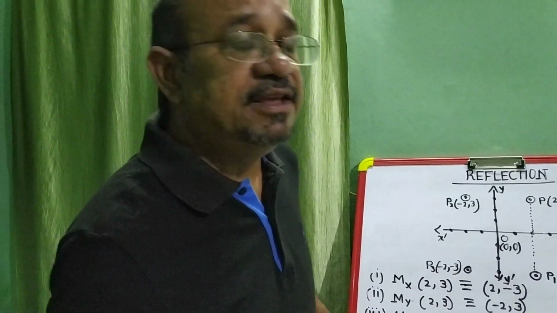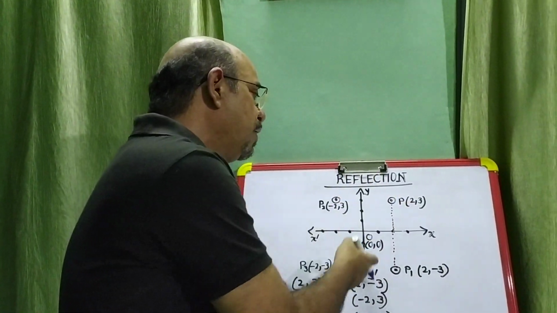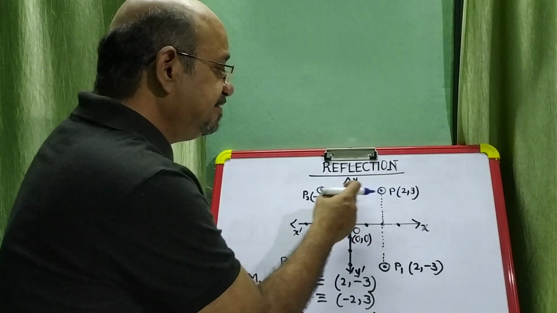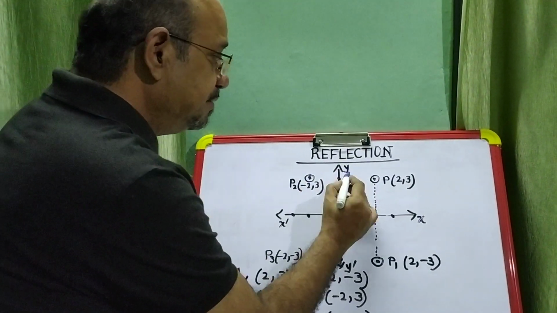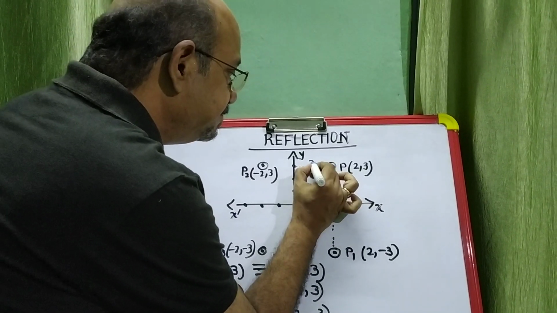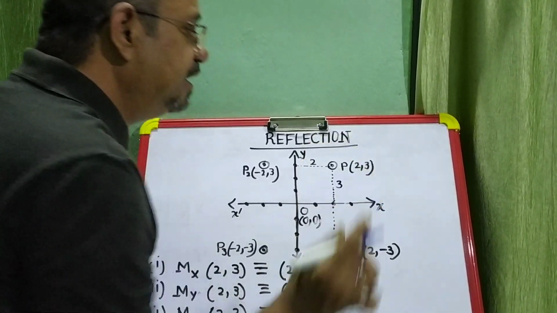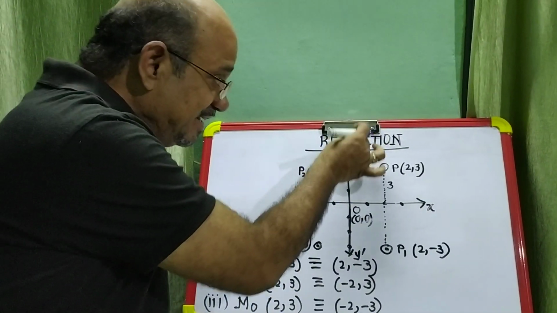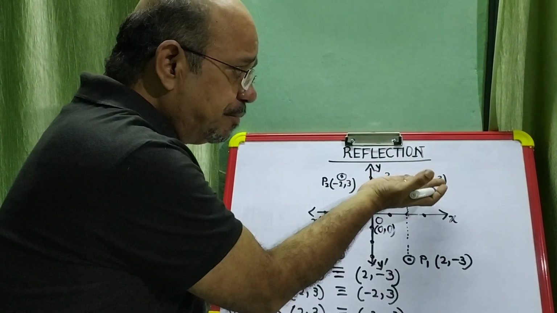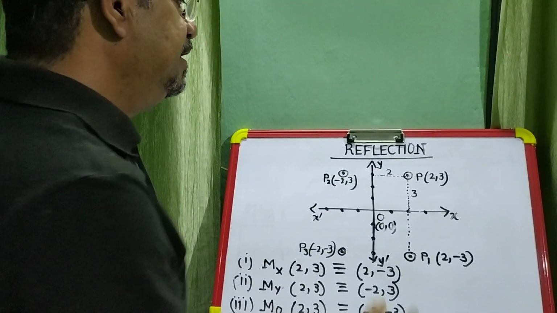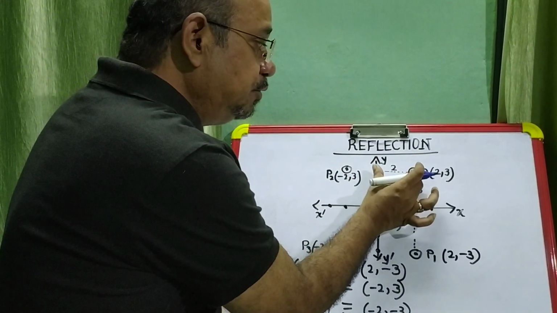Okay, let's see if P is reflected about the y-axis, what happens? What is P's distance from the y-axis? P's distance from the y-axis is 2 units. This was 3 units from the x-axis, okay? Now the y-axis serves as the mirror. So point P will get reflected on the other side of this line at a distance equal to the object distance.